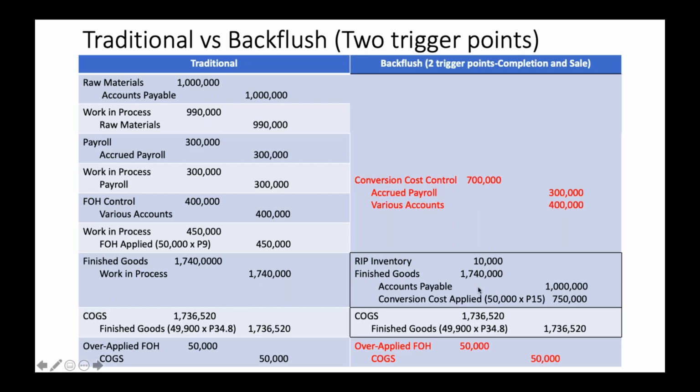Okay, so upon completion, we understand that 50,000 units were completed. So therefore, 50,000 times 34.8 is 1,740,000. Okay? But the total amount of raw materials inventory that we received is 1 million, and we have to pay for it.